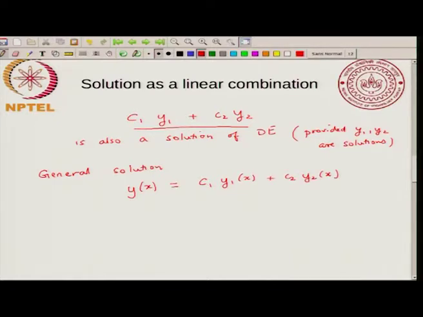So you can write a general solution as a linear combination of these two solutions, and this you notice has two arbitrary constants.